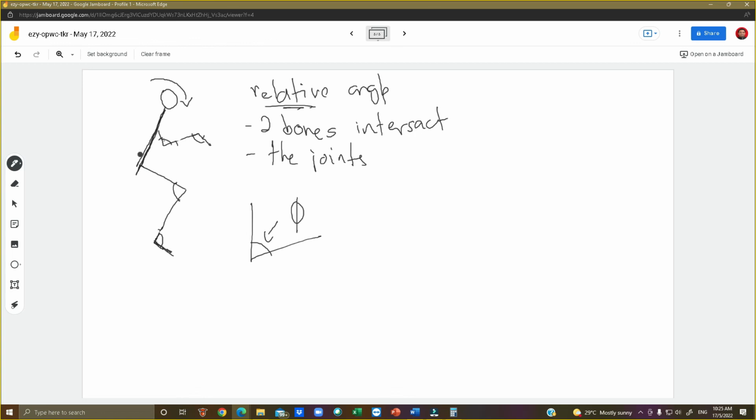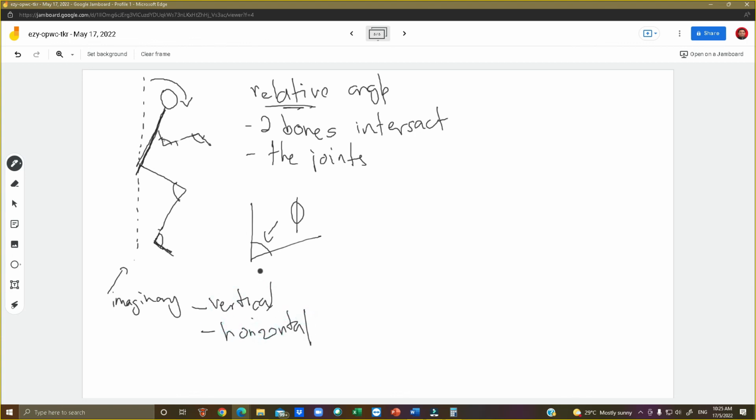In this case, we need to draw one imaginary line that intersects with the bone of interest. This one is an imaginary line. This line can be vertical, or it can be horizontal.